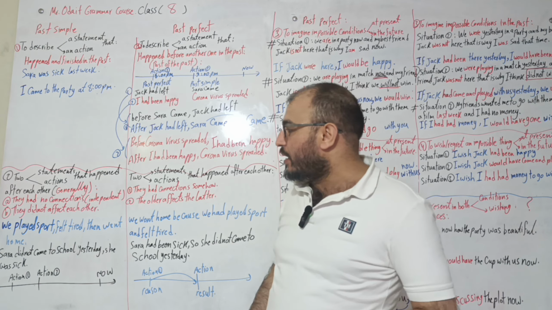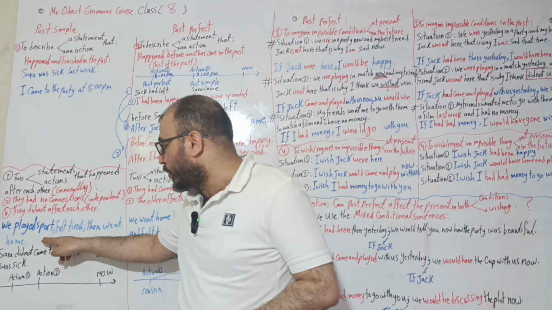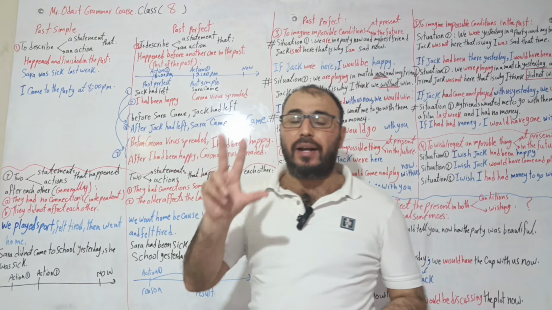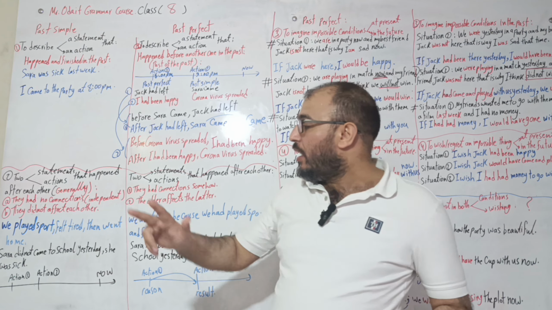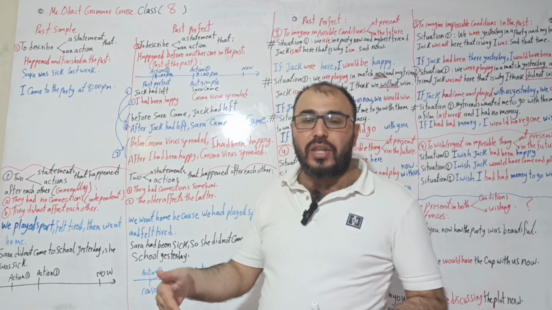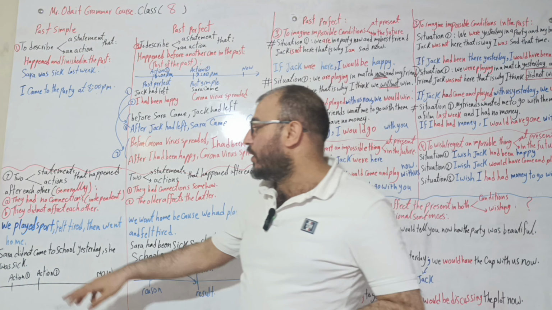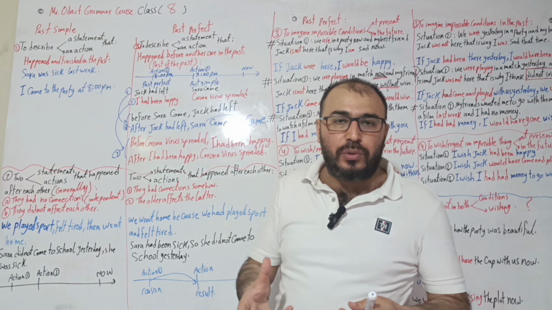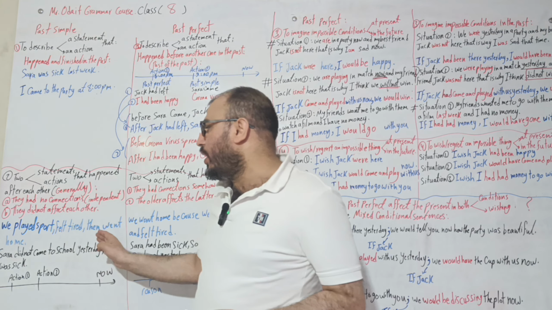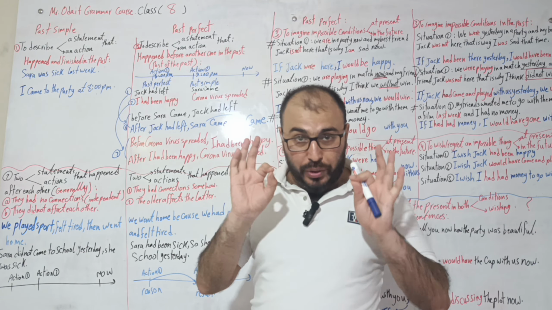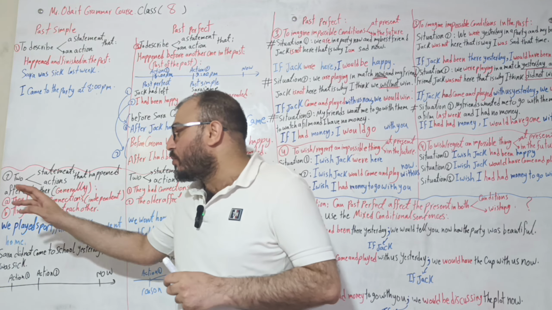Let me give you this example here. We played sports, felt tired, then we went home. So we have here three actions happening after one another, but nobody affected the other because they were independent. For example, we played a sport, ate some sandwiches, felt tired, then went home. We didn't feel tired because we played sport.